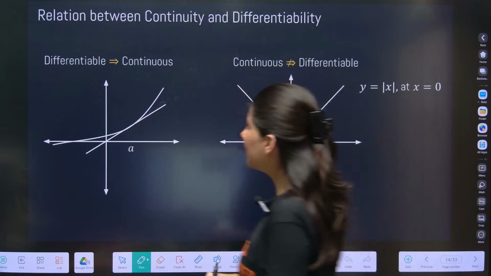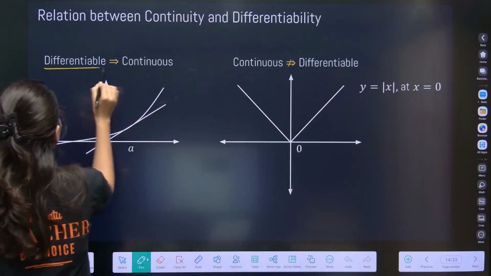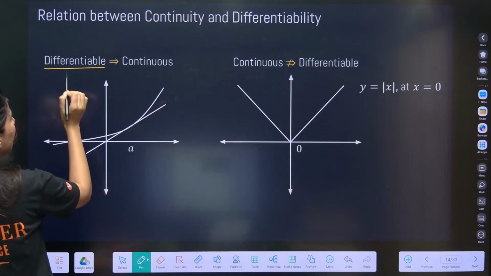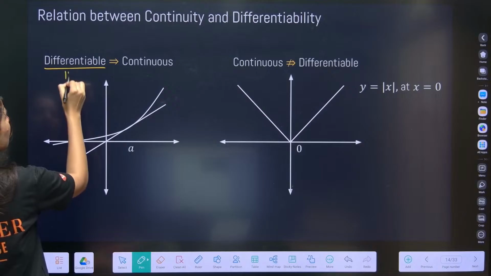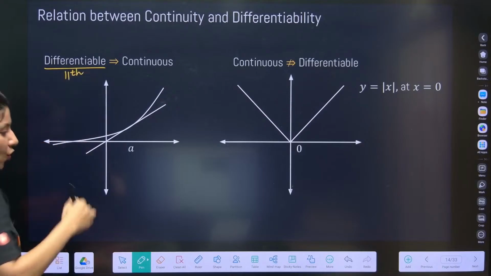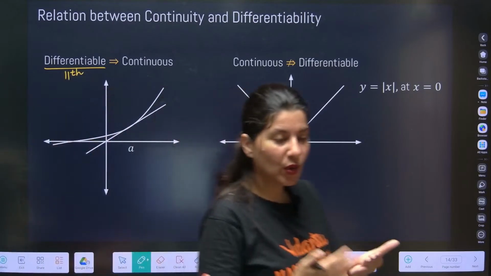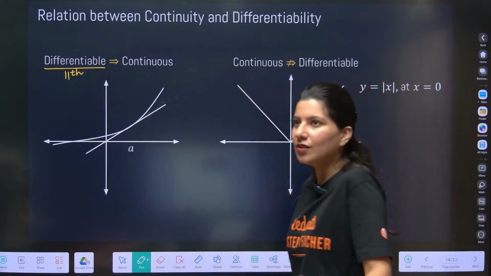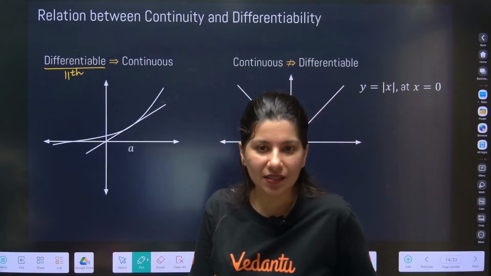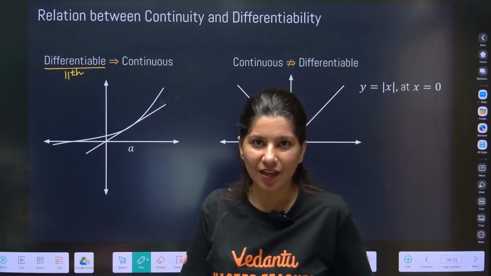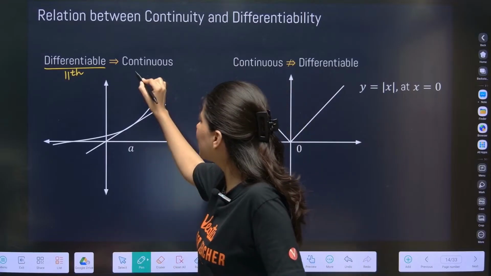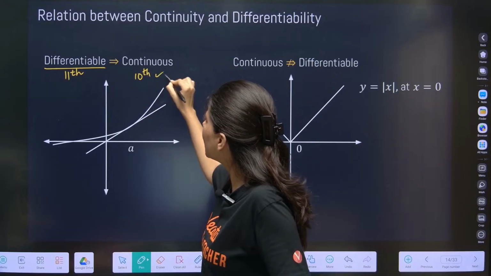If you say that a function is differentiable, it is like saying I have a report card of a student who has passed class 11th. You'll say, class 11th passed, are you sure? Yes. So you will automatically assume that 10th and 9th will be done.